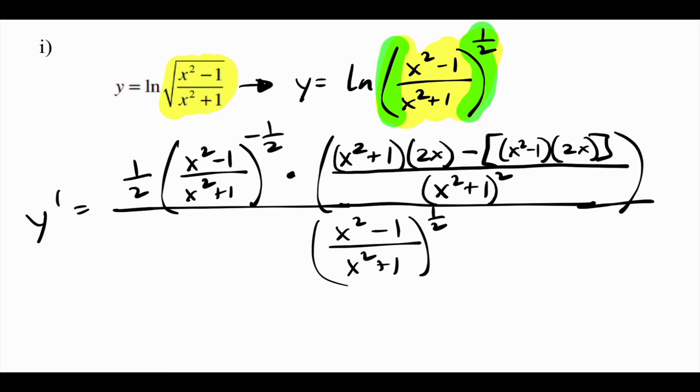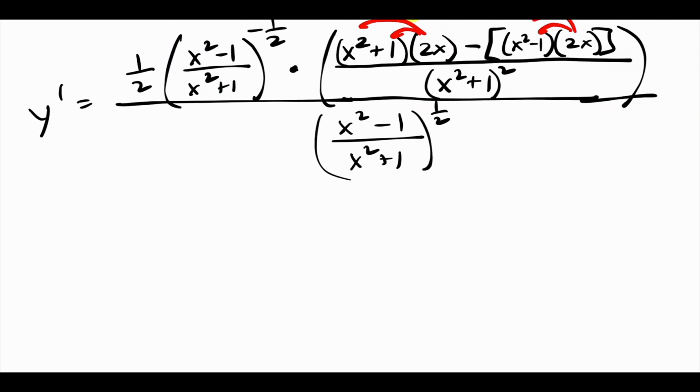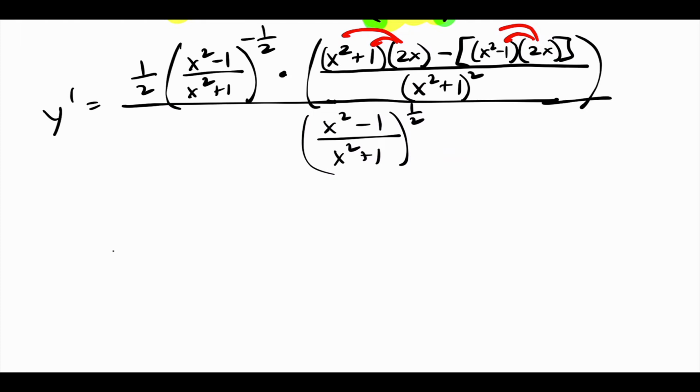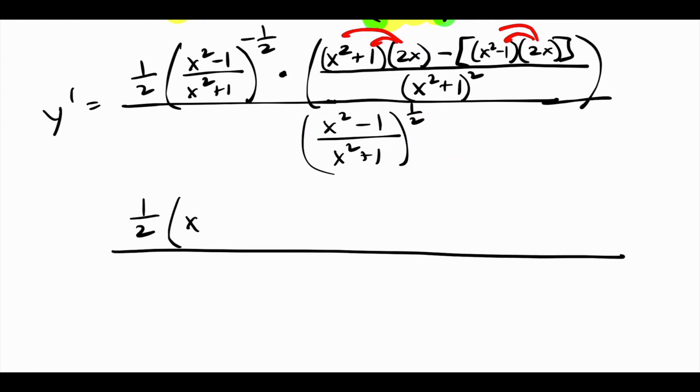First thing, distribute these guys. Okay. So I'm not going to touch the beginning first. There's a lot of things to do, but I'm not going to touch this guy first.